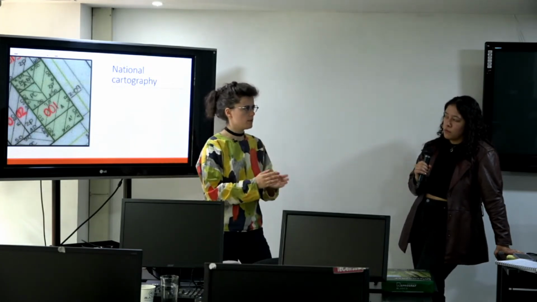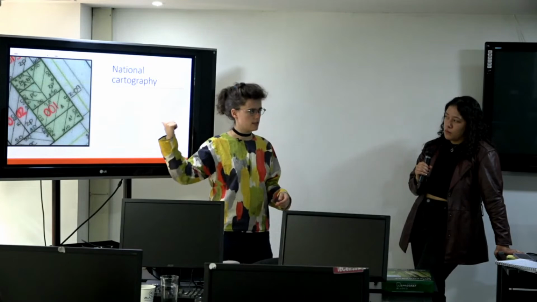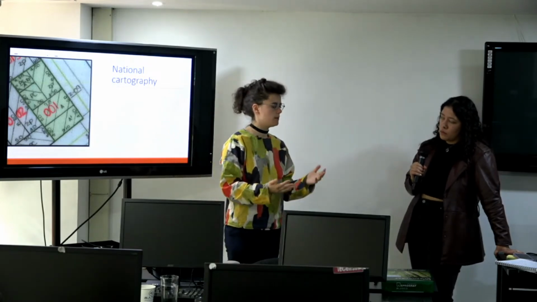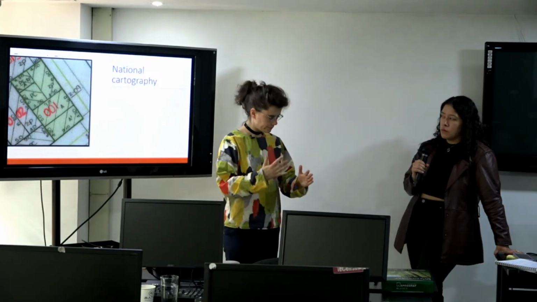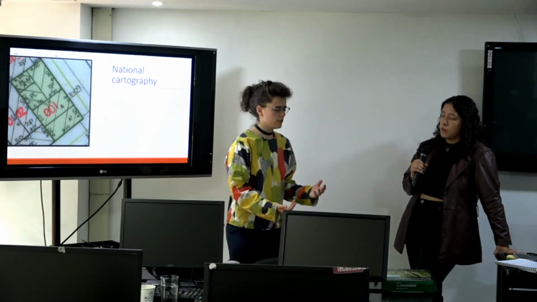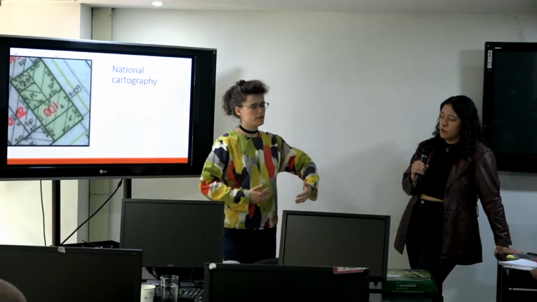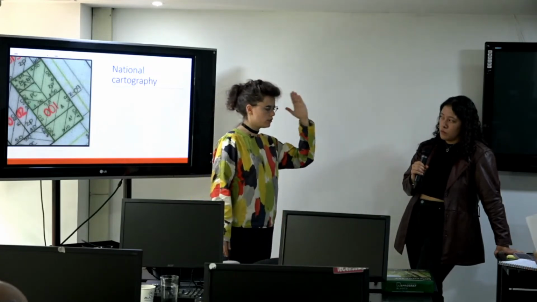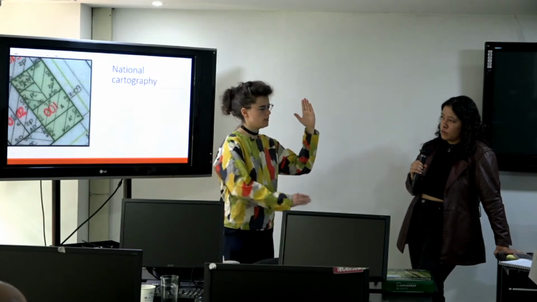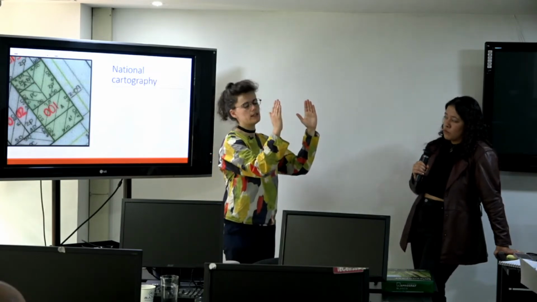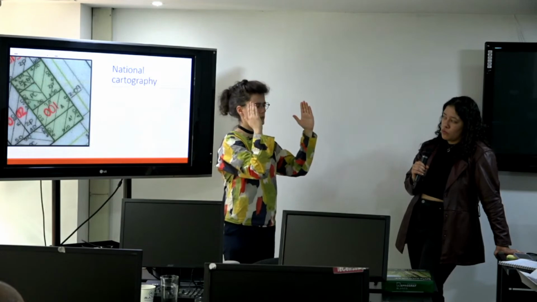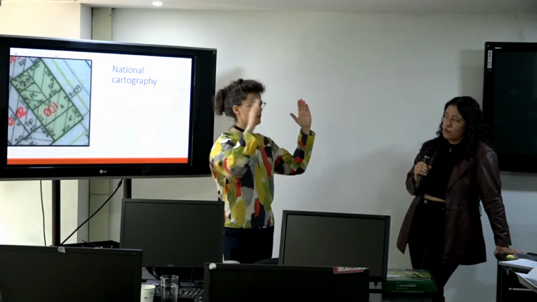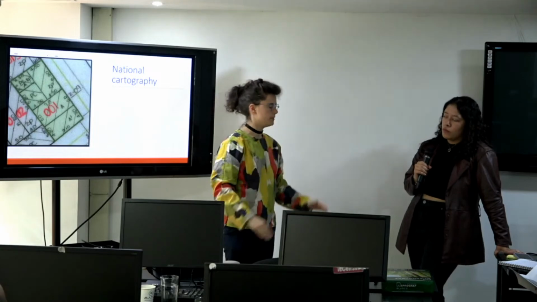You might have more detail in this data, like cartography, but it might be a bit outdated or incomplete. And so maybe the modeling process would be to use data that does not have a lot of detail but is complete, and to link it with the data that is incomplete but with a lot of detail, to fill in the gaps in the national cartography.